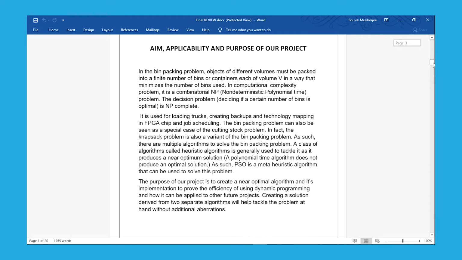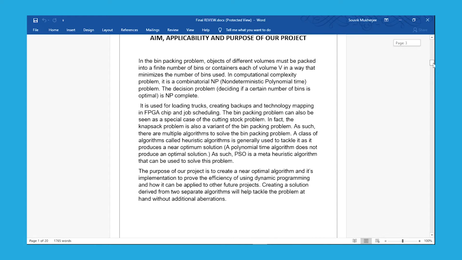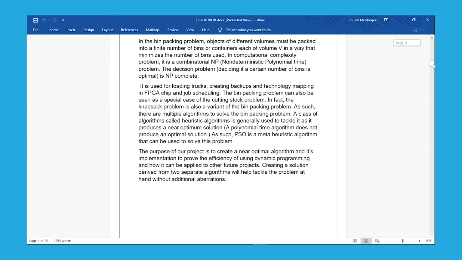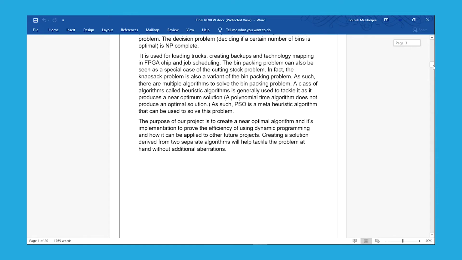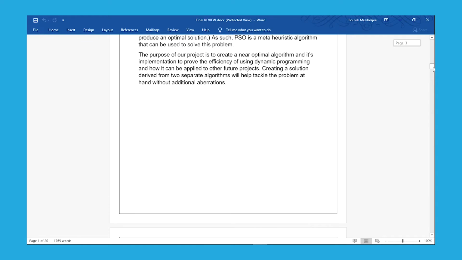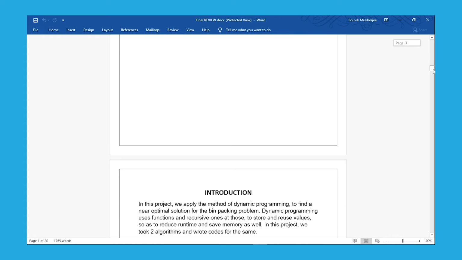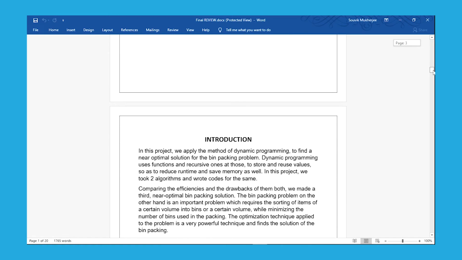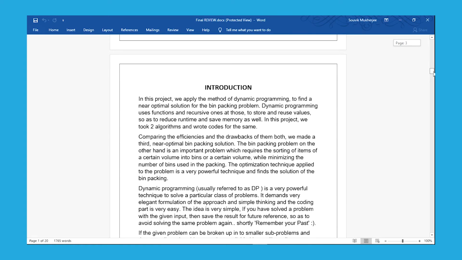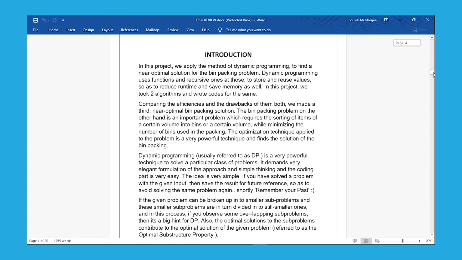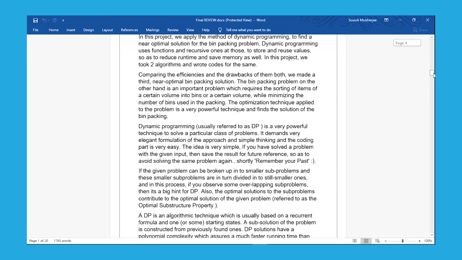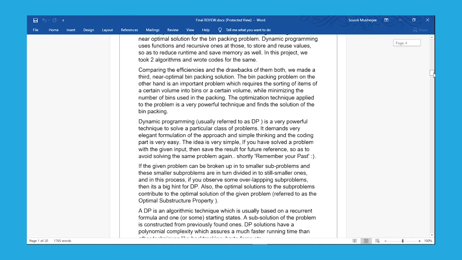Examples of usage of bin packing would be loading trucks, creating backups, technology mapping in FPGA chips, and job scheduling. Usually to solve this kind of problem there is a class of algorithms known as heuristic algorithms, which produce a near optimum solution, because a polynomial time algorithm does not produce an optimal solution.